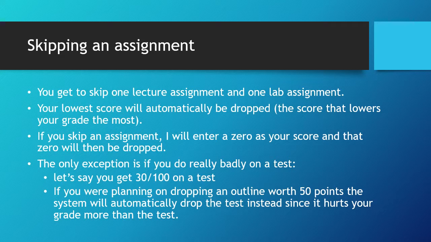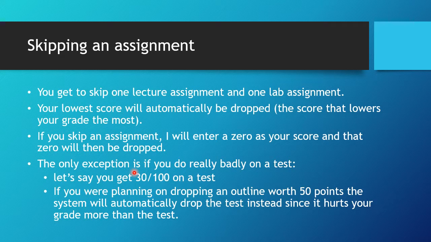The only exception is, let's say you do really badly on a test, and say you get 30 out of 100 on a test, and you were planning on dropping an outline, which is worth 50 points. So you had a 0 out of 50 on that outline, and that was the score being dropped, but then you come along and you get a really bad test score. The system will then drop that test score, since that test score is losing you 70 points against your total grade.